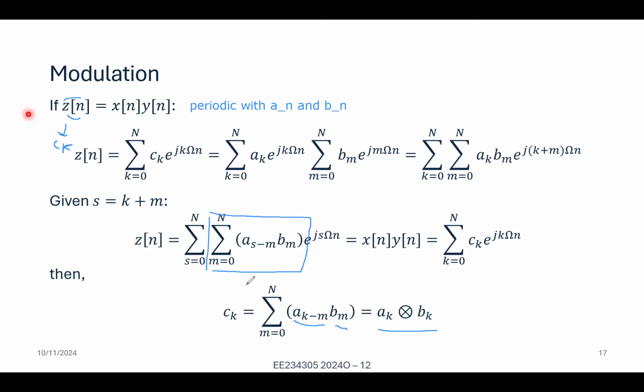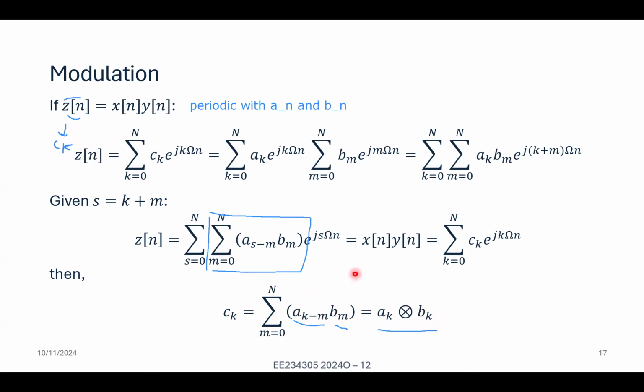Right? So that's the modulation property. If two signals are multiplied, and both signals are periodic, each with their own Fourier series coefficients, then the output signal zn has the coefficient ck, which is the periodic convolution of ak and bk.